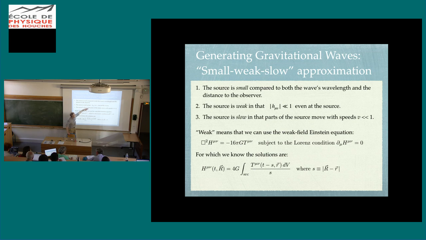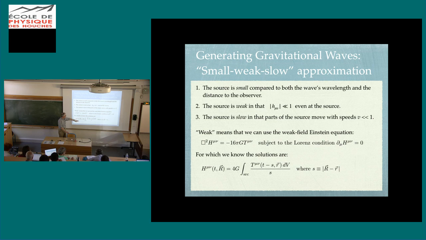And then the source is slow in that parts of the source move with speeds much smaller than light. That's actually also a pretty good approximation, except near coalescence. Okay, so weak means that we get to use the Einstein field equation even at the source. And that's the important thing.